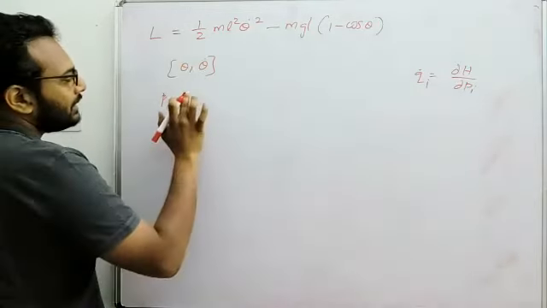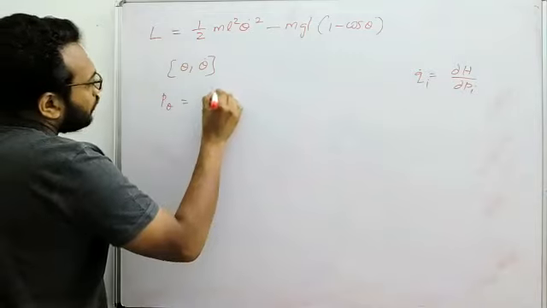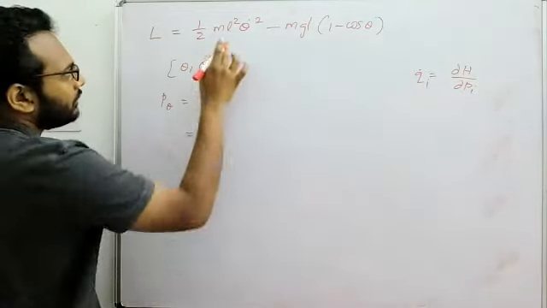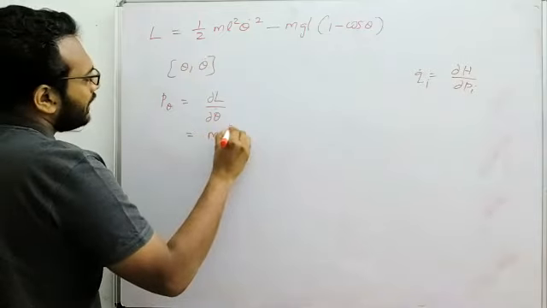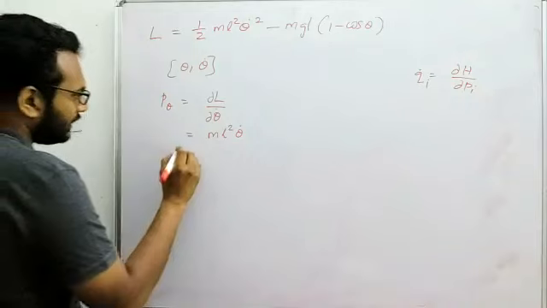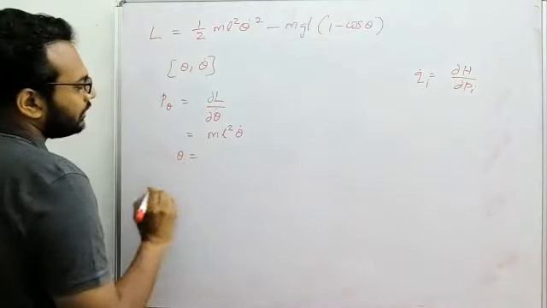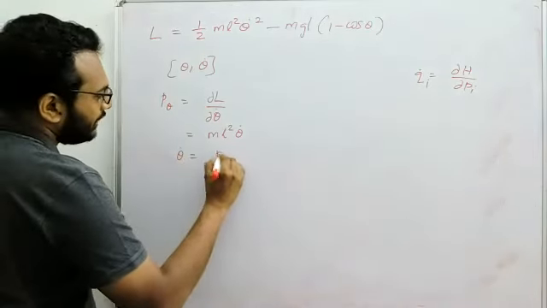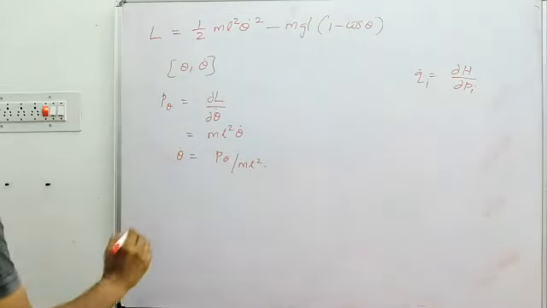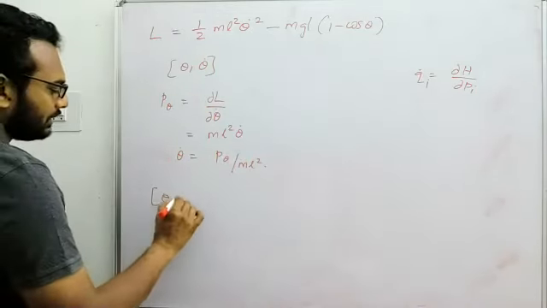P theta is equal to dou L by dou theta dot, that's equal to ml square theta dot. So this means that theta dot is equal to P theta divided by ml square.